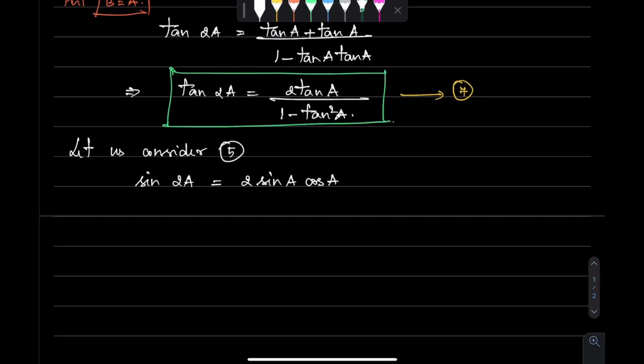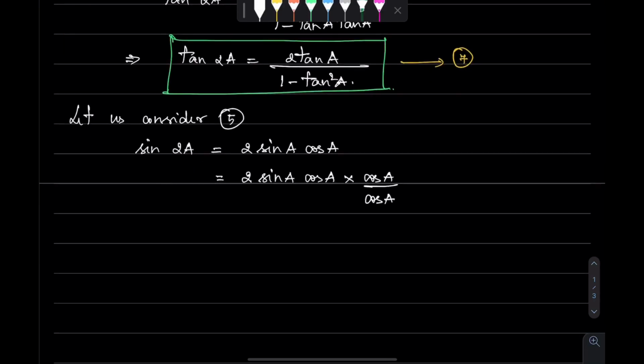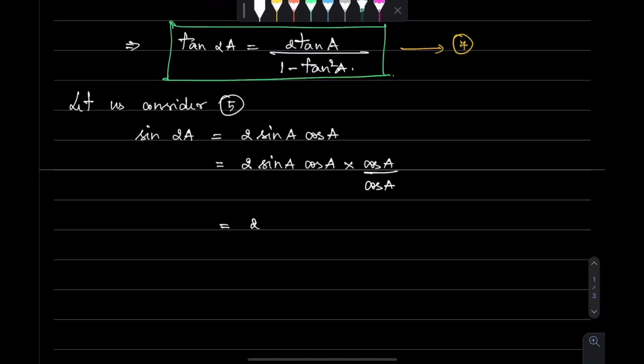So what am I going to do here? For 2 sine a cos a, I'm going to multiply and divide by cos a. Why do I do that? So I get 2 tan a into cos square a. Cos square a is nothing but what, children? I can write it as 1 by secant square a. So we all know this already.